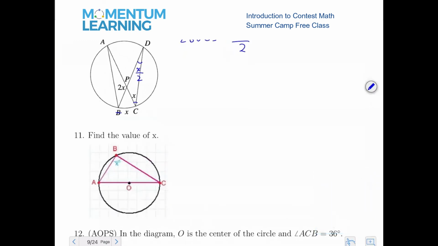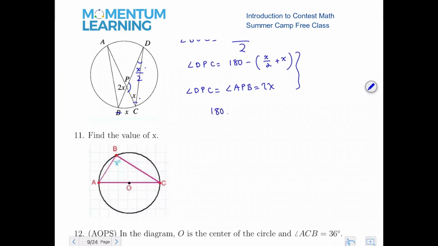Now, then we are pretty much done. The reason is, we know x over 2 and x, so I can find this angle in terms of x. We know that angle DPC is 180 minus x over 2 plus x, right? But because of the vertical angle, angle DPC is also equal to angle APB, which is 2x. So now we know that these two are equal.